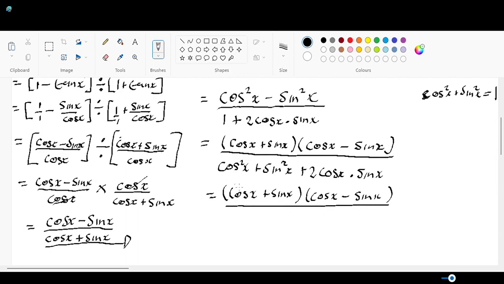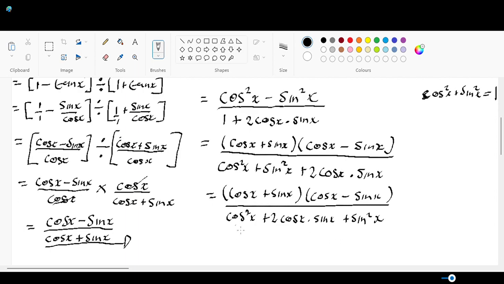To make things easier, how about we say cos squared x plus 2 cos x multiplied by sine x, plus, because we still have sine squared x in fact.